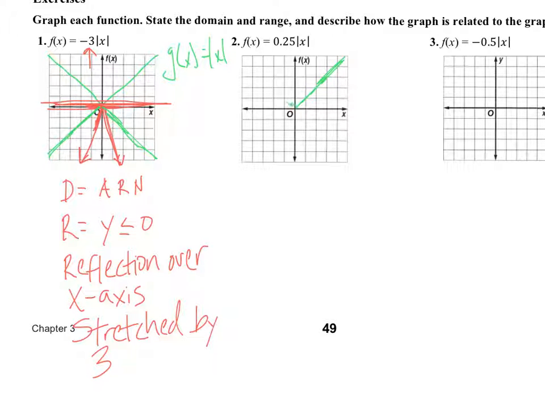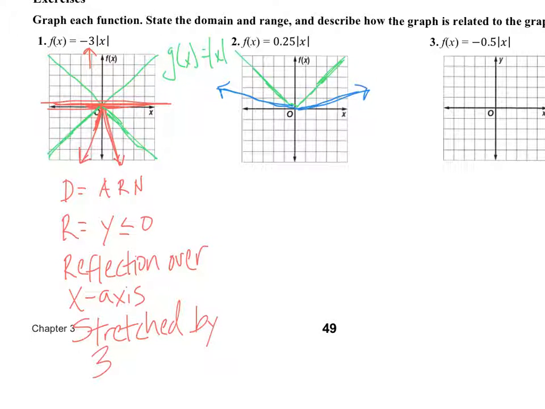Okay? So again, here's our first graph. Let's go ahead and graph f of x, which is 0.25x. So that's going to look like this. Again, how am I getting these graphs? Well, I'm awesome, but you should be using Desmos if you need to, right?